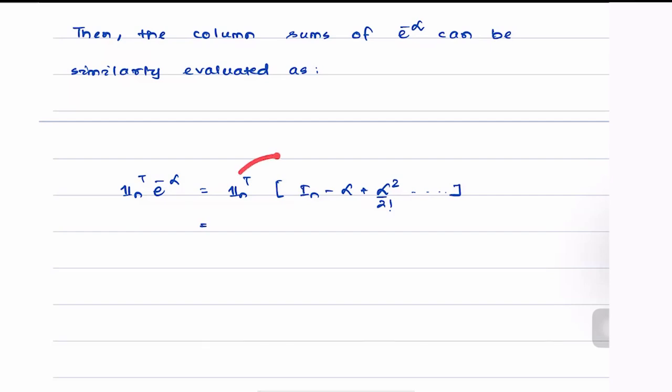We now multiply 1n transpose and take it inside this bracket post multiplication. So the first term simply becomes equal to 1n transpose, and the second term is 1n transpose L. Again, 1n transpose L squared over 2 factorial, and so on. Now, it follows directly from the proof that we did for the previous property.